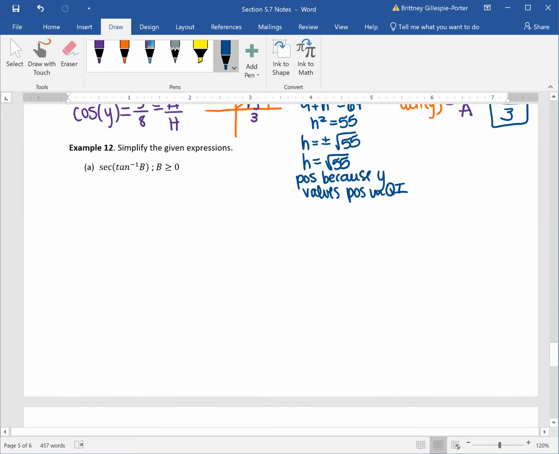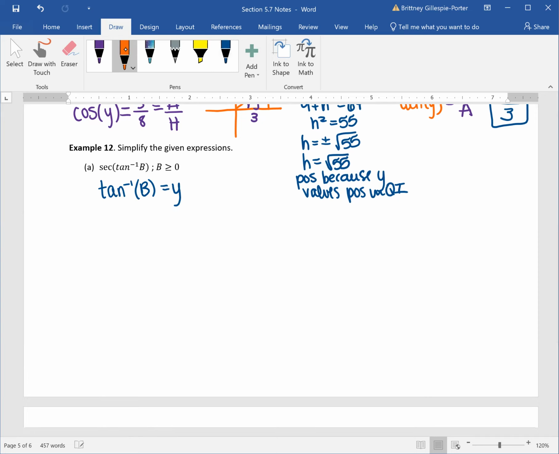Next one, same type of thing, except they are giving us specifics on our restrictions. So we have the inverse tangent of b. I can rewrite this as tangent of y equals b.